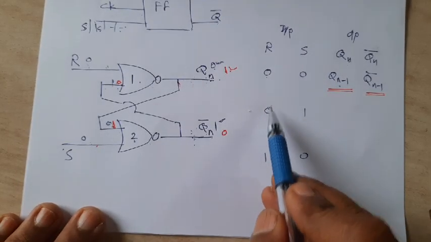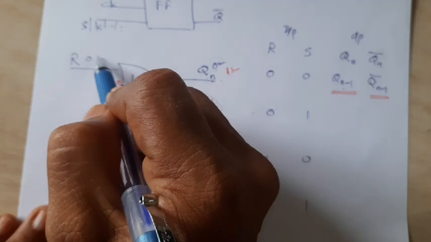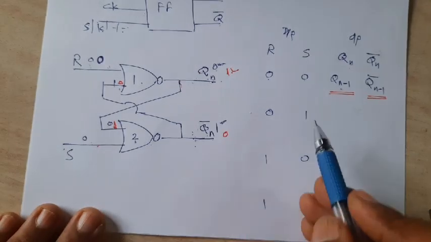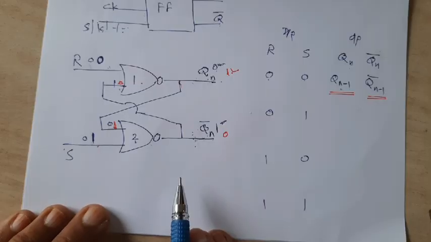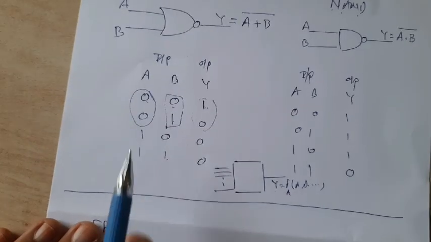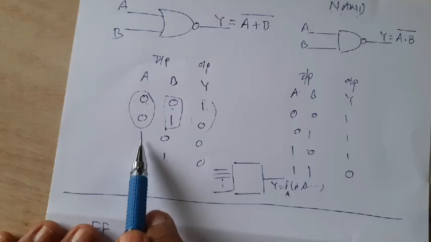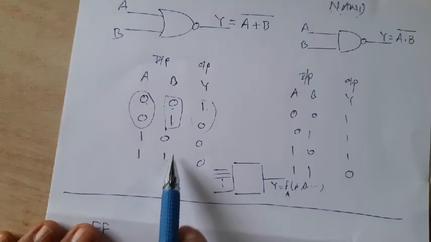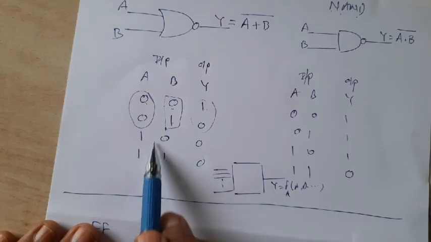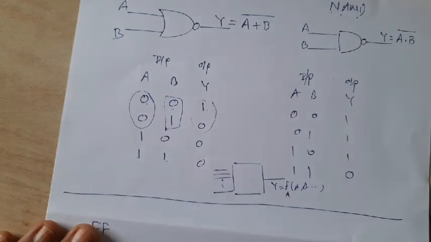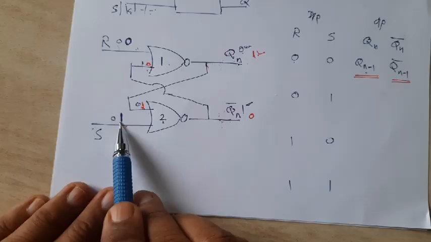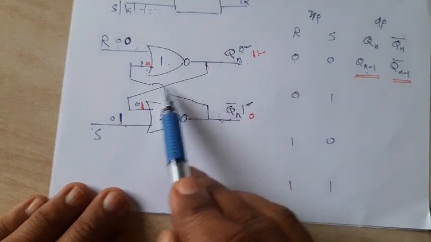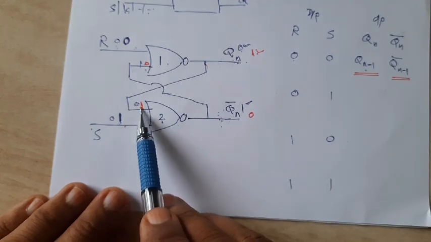What happens if R is equal to 0, second case, and S is equal to 1? Now if any one input is 1, then irrespective of the second, output is 0. And so we will have to focus on S being equal to 1. If it is 1, irrespective of Qn, forget about that.